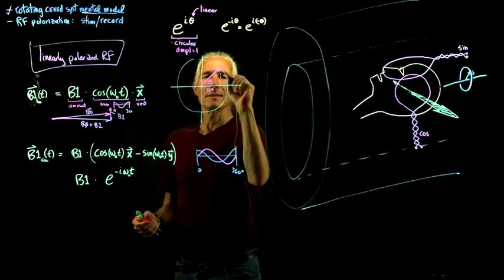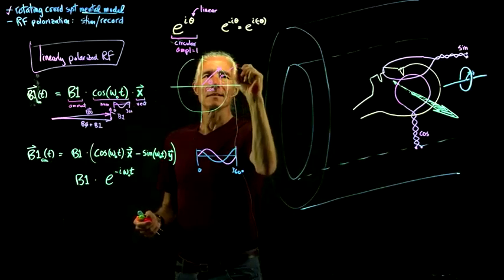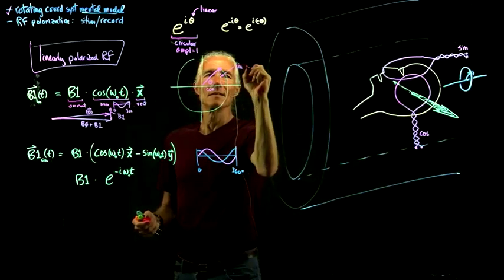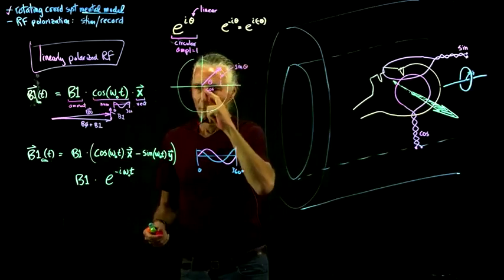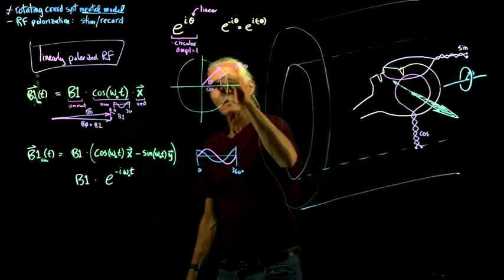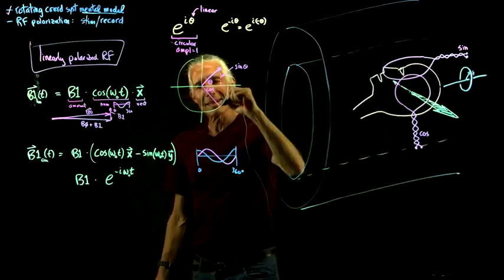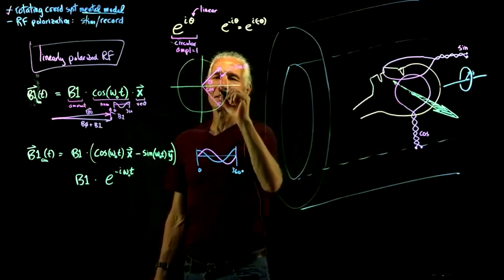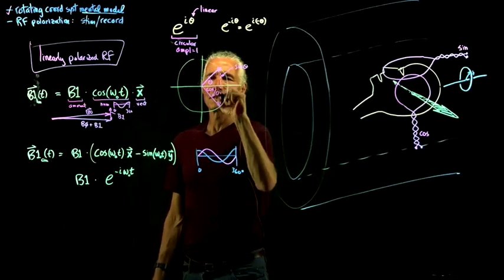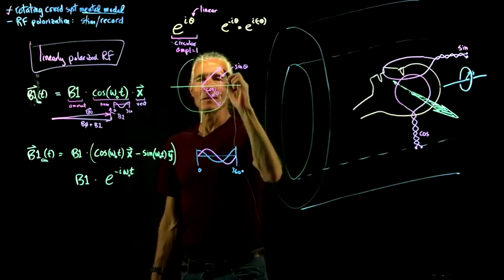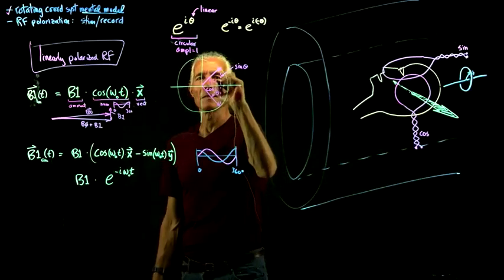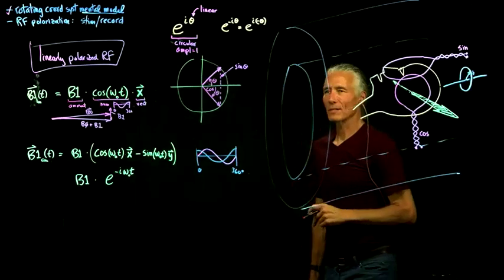And what's the length of this? It's just the sine of that angle. And so what is e to the minus i? It's just using a negative angle. That's all it is. So it's not mysterious.